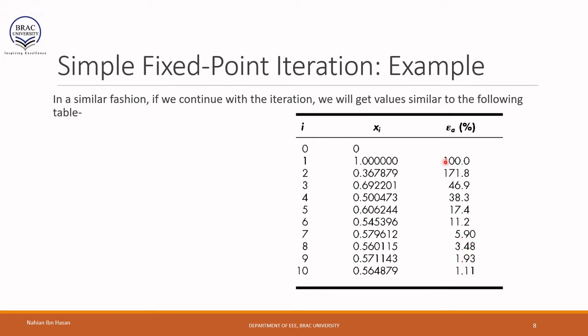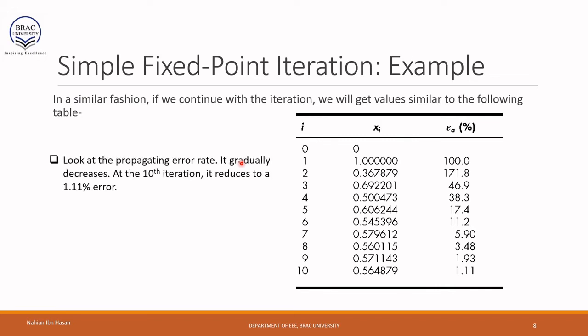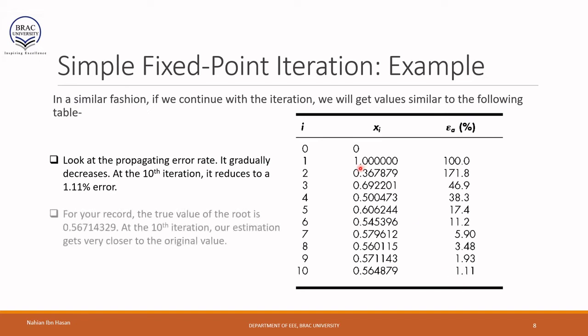Initially the error increased, but later the error started to decrease. That's how we apply the simple fixed point iteration approach. Even in just the 10th iteration we got an error of only 1.11%.